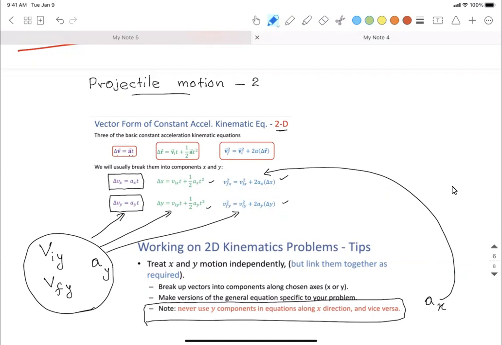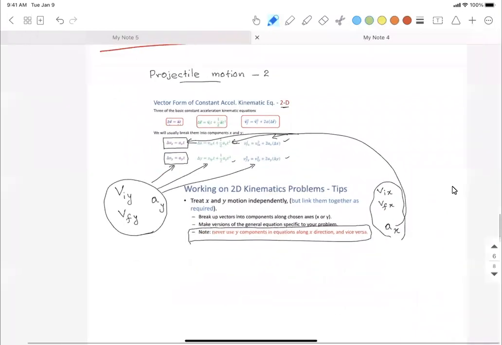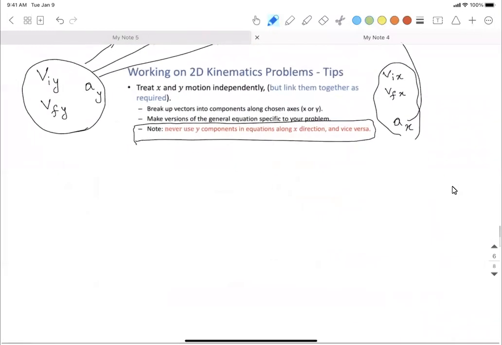Same case here: initial velocity along x, final velocity along x, any of these should go only into the x versions of the formulas.